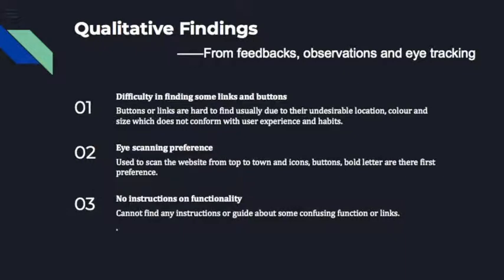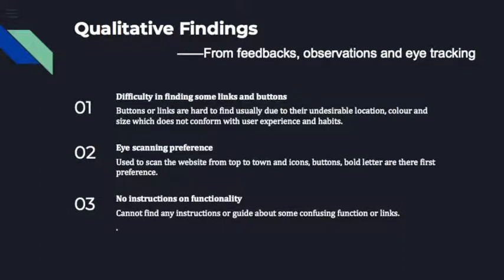Secondly, from the eye tracking, we found participants used to scan the website from top down and left to right. And icons, buttons, or content with bold or large size are their first scan preference.